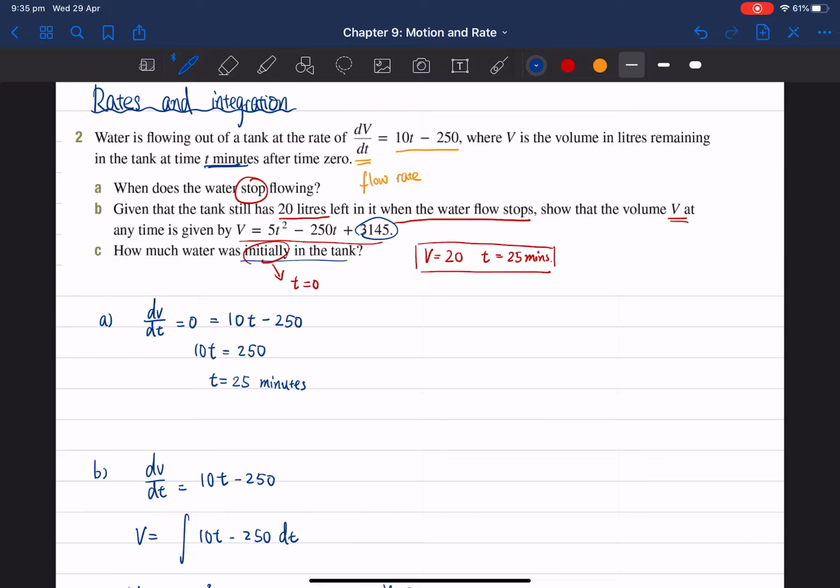Not an easy question, but as you can see, it's all using the knowledge that you learned from integration. Basically, read the question, understand it, integrate, get the most important information in the question, and do a substitution to work out the C. Once you get the final equation, the rest of the question is just again a substitution.